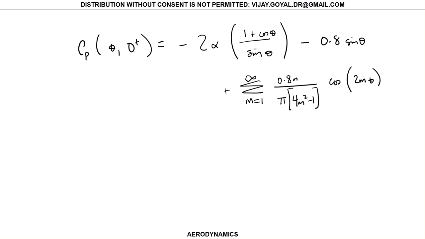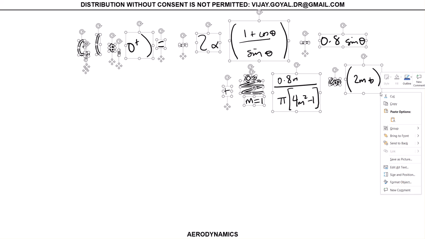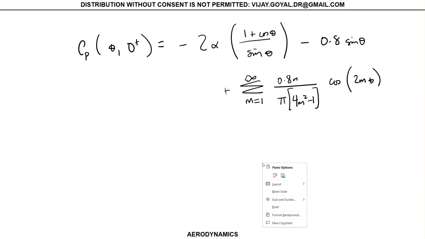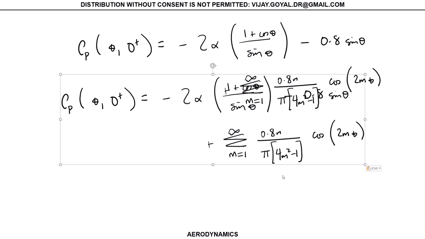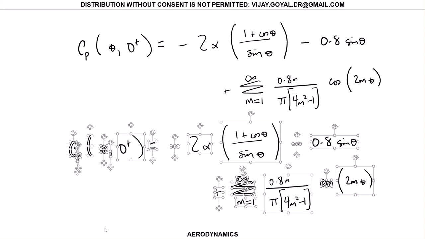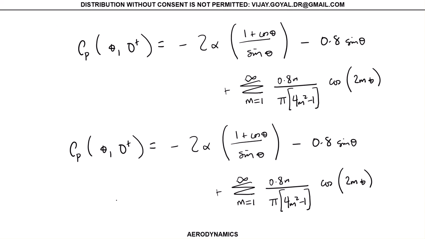Okay. Then same thing. I'm going to just copy. And so just change a few things here. This is negative. This is going to become plus. This is going to become plus.